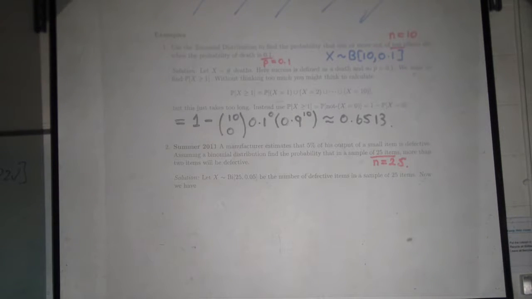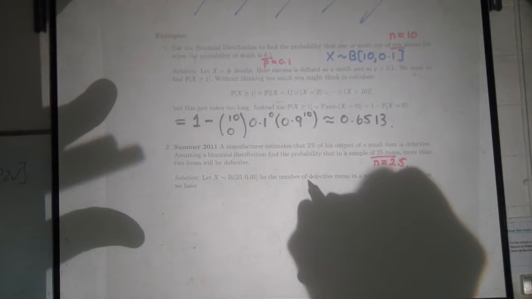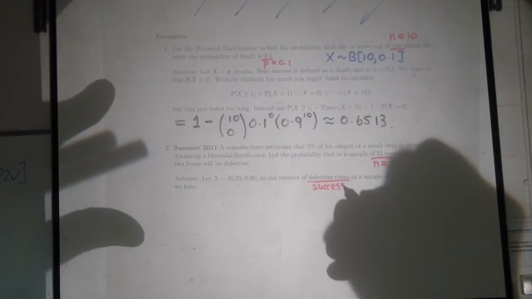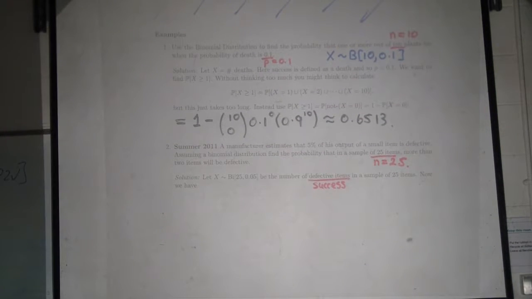Now you can do the question in different ways, but I'm saying, say the thing you have here, this would be your success. The thing you're kind of counting. So finding a defective is success. So what's the probability of success? What's the probability of finding a defective? 5%, because 5% of them are.